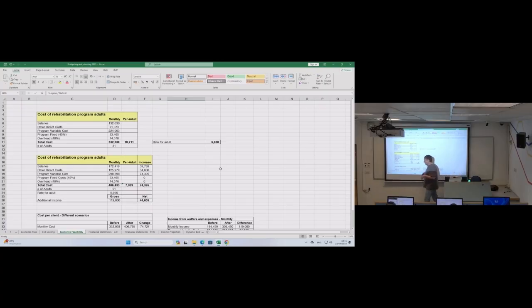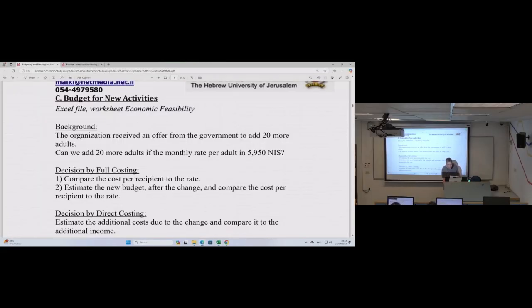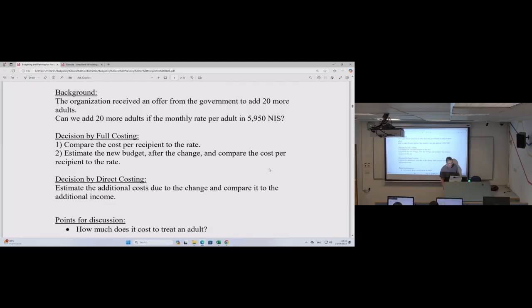This is the ministry's policy, and given the fact that the rate, which is based on the ministry's calculation, was more or less the same, 11,000, he realized that his calculations were as accurate as they can be. So, at that point of time, the organization considered this proposal of adding 20 more adults with a rate of approximately 6,000. Okay?